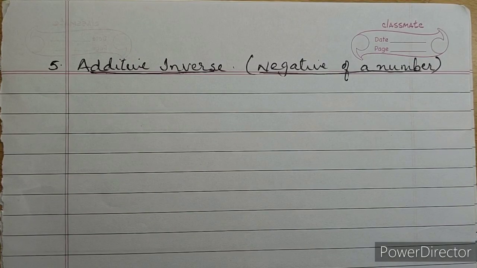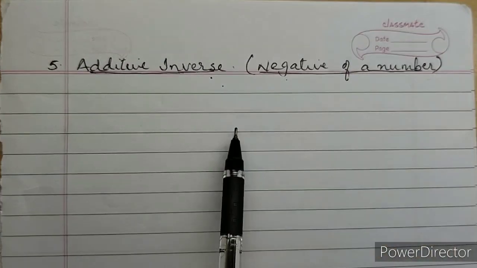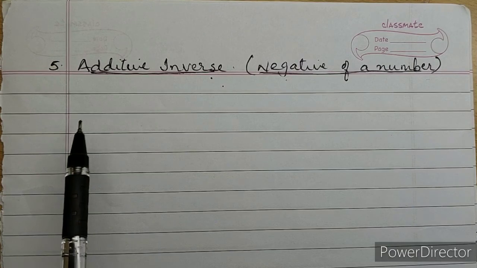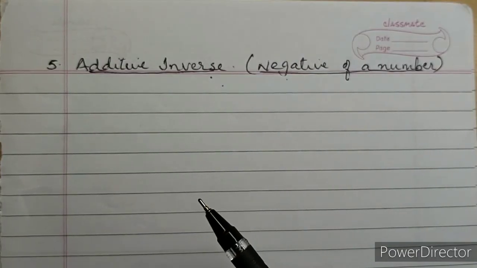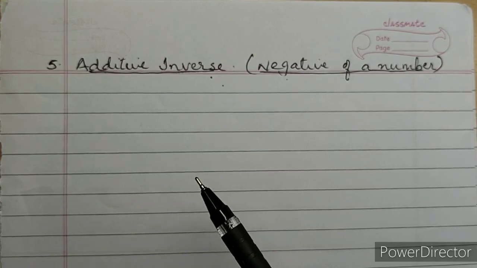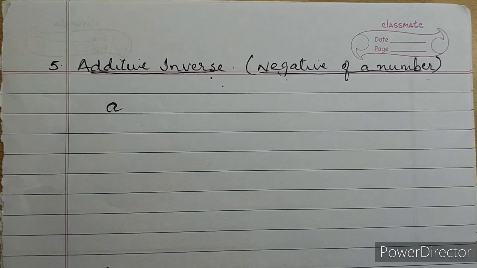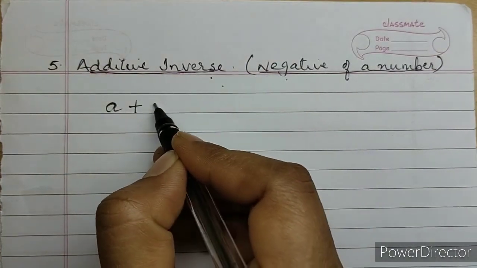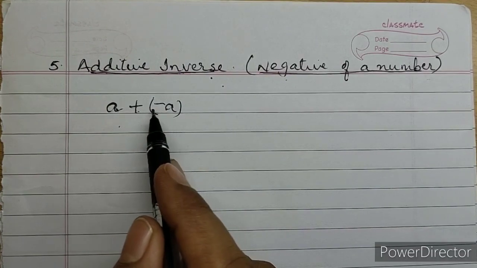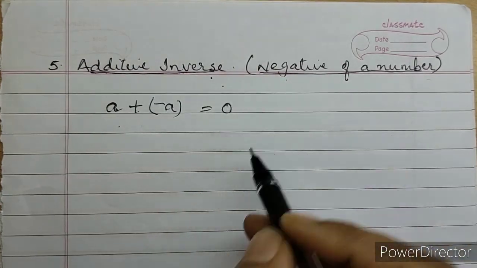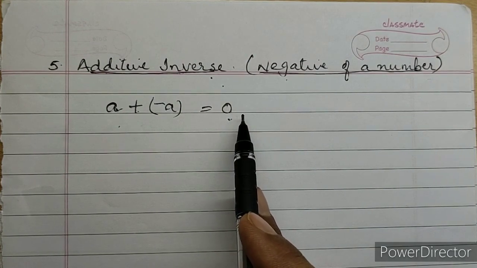Next is additive inverse. Additive inverse, you can call it the negative of a number. A number which, when added to a given number, gives the answer 0, is called the negative of that number. For example, if A is a number, if you add minus A to it, A plus negative A, or A minus A, you will get back 0. 0 is the identity element of addition.